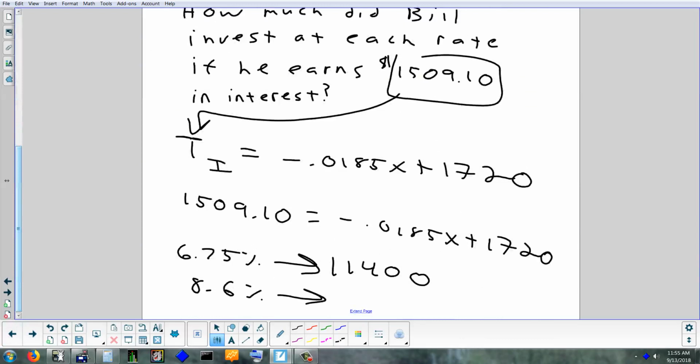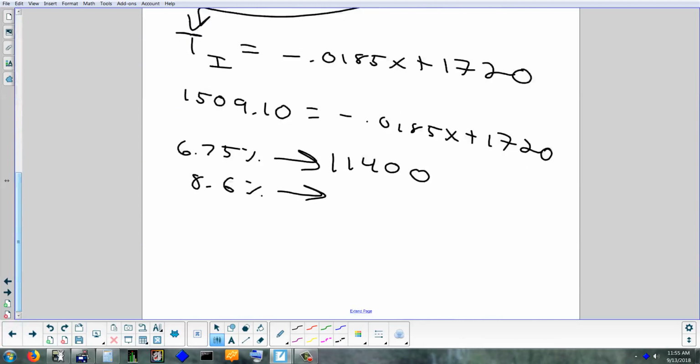Yeah, Lee? Subtract 6.75% from the total. Yeah, just subtract: if 20,000 is the total, subtract that from 20,000. So how much did he invest at 8.6? 8,600, yep.